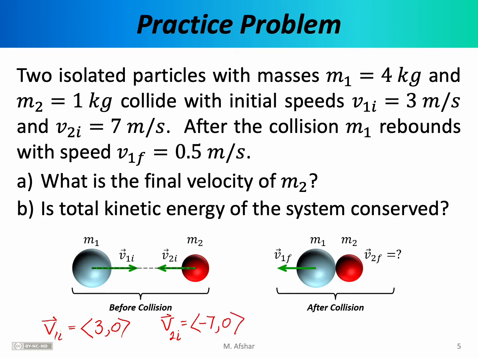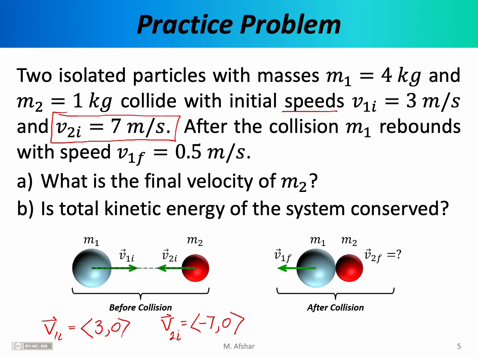Its y velocity is 0. That's pretty obvious from the picture. What may not be obvious is that the x component of the velocity is in the negative x direction. Notice here the speeds were given to us, and this is the speed of object 2. There's no subscript x here. You need to determine from the context of the problem or the picture given that the x component is -7.